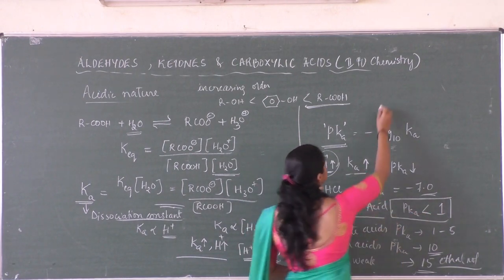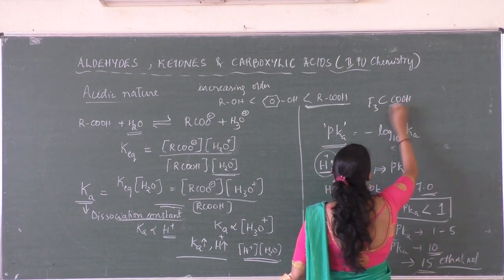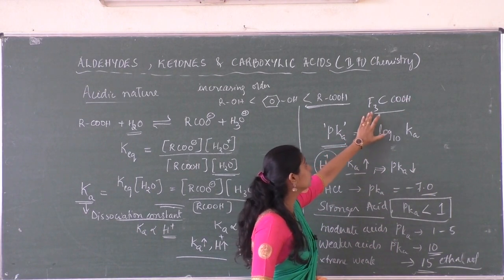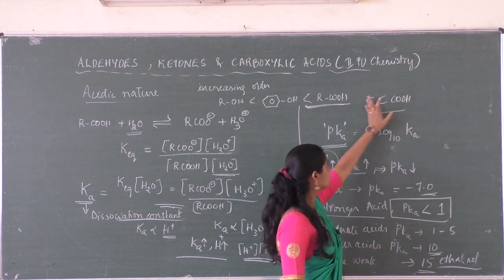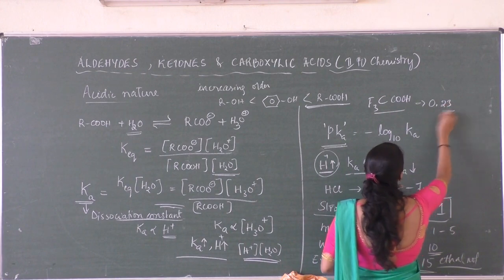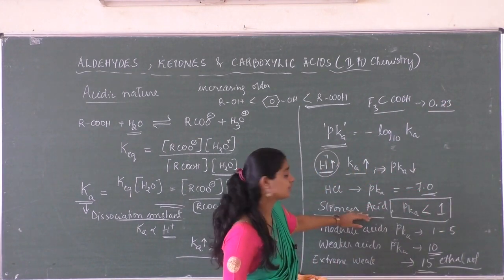For example, trifluoroacetic acid. Here hydrogen is replaced by 3 fluorine atoms, and you know that fluorine atoms are highly electronegative in nature. So this molecule will have a pKa of 0.23, and therefore it comes in the range of stronger acids.